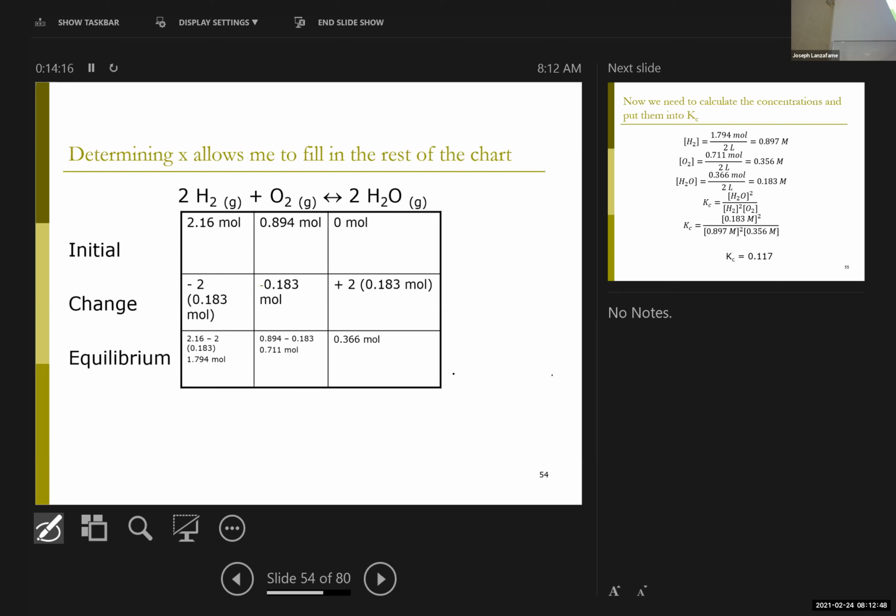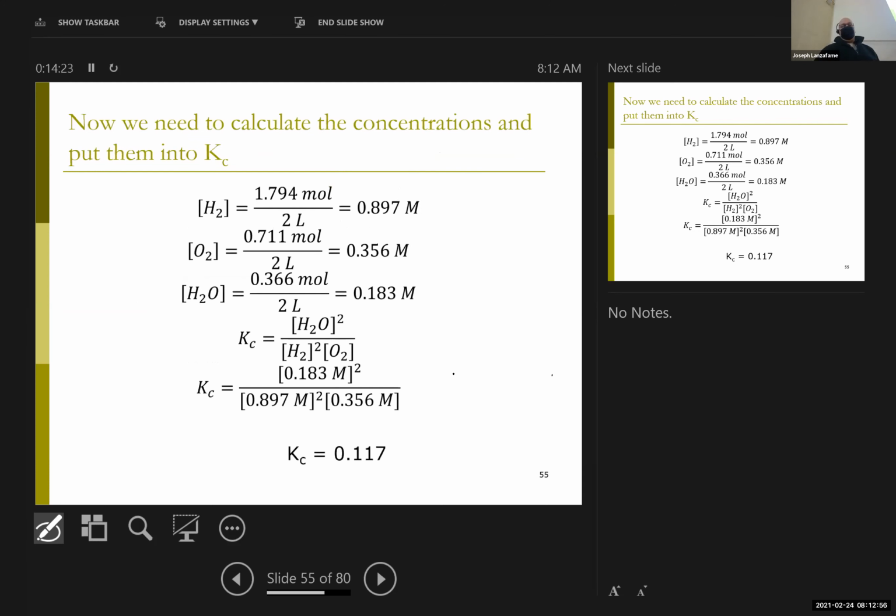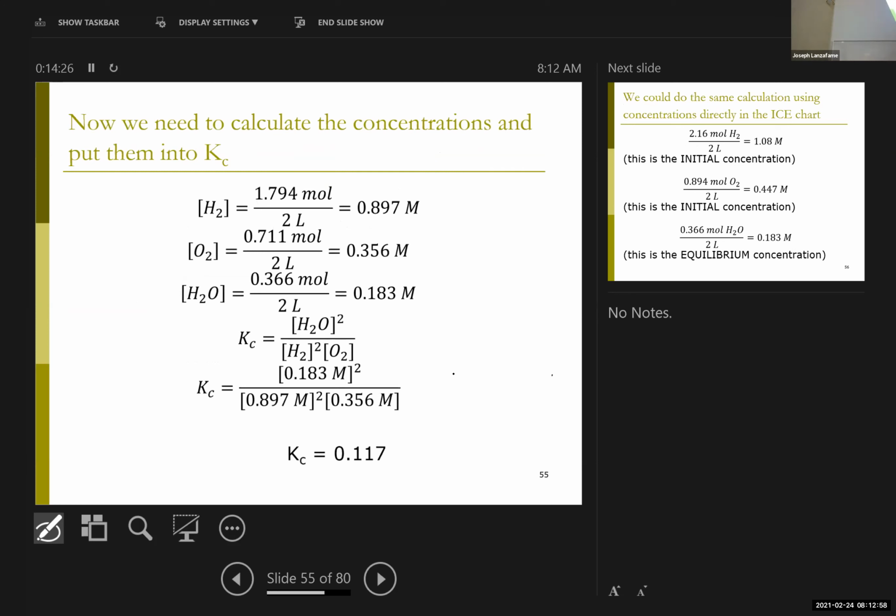So the moles are related 2 to 1 to 2, but so are the molarities, because to get to molarities, all I did is divide everything by the same 2-liter flask. Similarly, since they're all in the same 2-liter flask and at the same temperature, I could calculate the pressures. Pressure is really moles, moles, moles. So I could construct my ICE chart from the beginning using either moles or molarity or atmospheres.